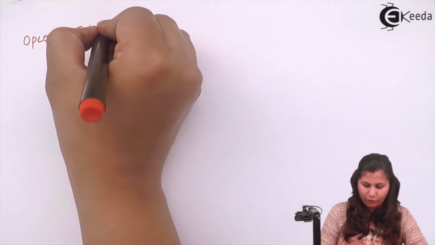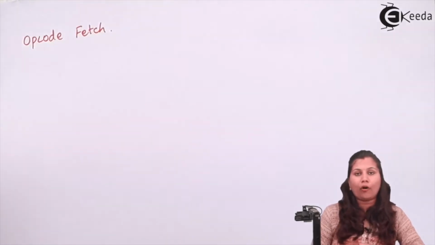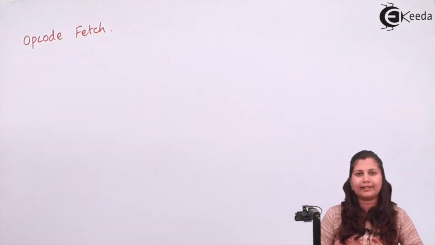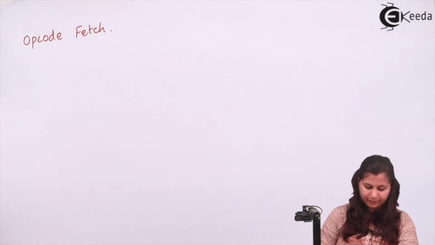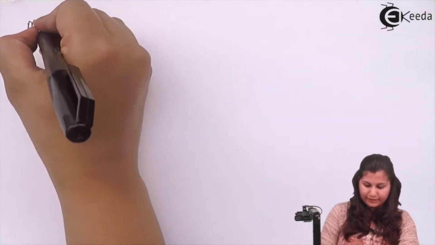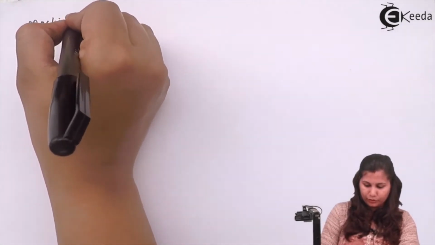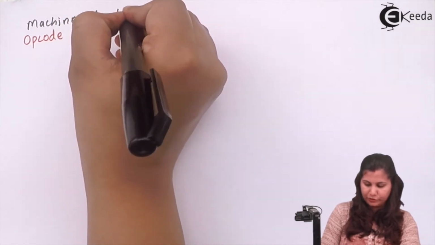First we have opcode fetch. Because it is the machine cycle, we can say that there are 5 machine cycles in the 8085. So these are the machine cycles.